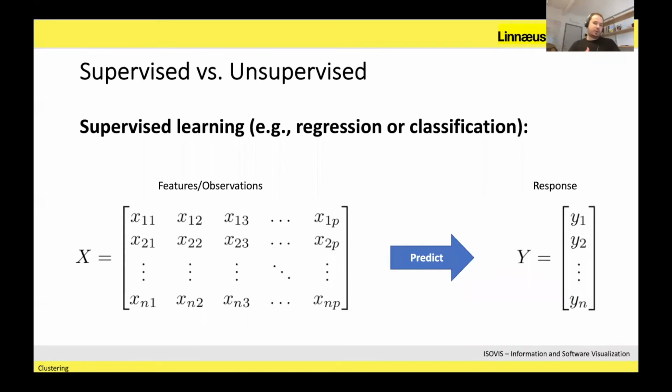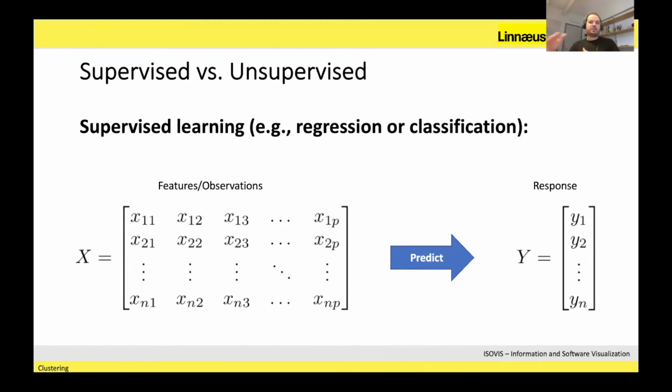And whether it's regression or classification, if you think about it, even though the algorithms are different, conceptually they're very similar. The only difference is that for regression, the response variable is continuous, right? It can take any value in a certain interval. It could even be from negative infinity to positive infinity, but usually within a certain interval, and then it can take any value.